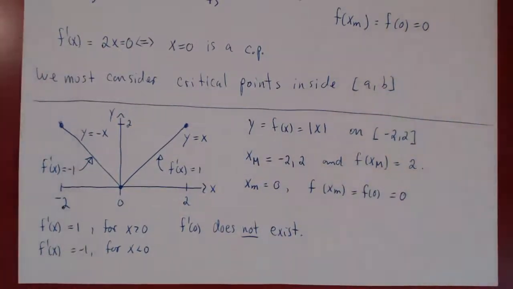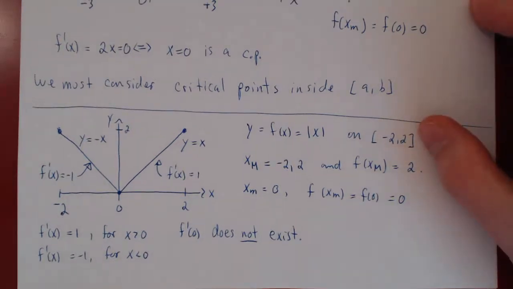And you may ask, what if we go through, say, 10 other examples or 100 other examples? Will we ever notice something different? And the answer is actually no. You can go through 100 examples of a continuous function on a closed and bounded interval, and you will always notice that a maximum or a minimum value has to occur at either an endpoint of the interval or at a critical point inside the interval, therefore a point where the derivative is 0 or undefined.